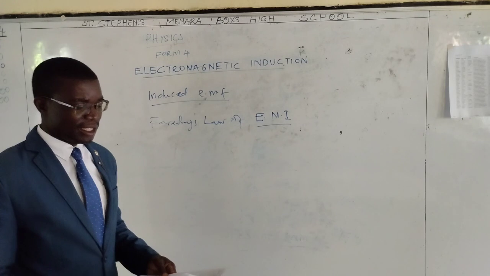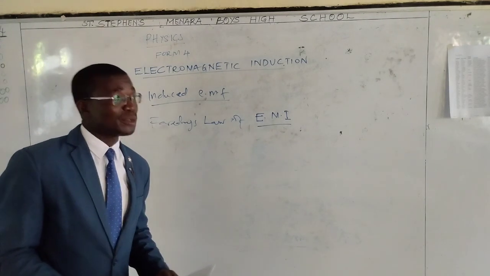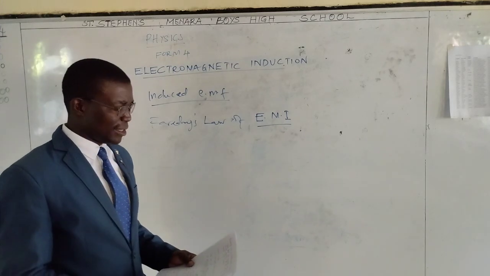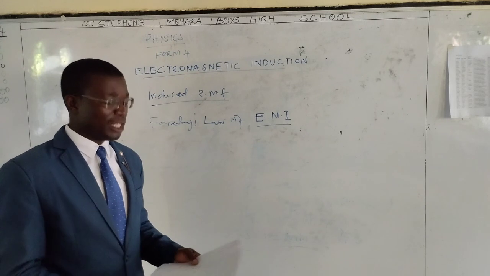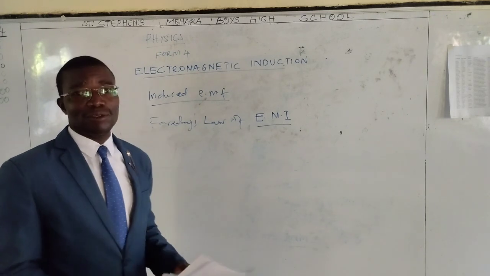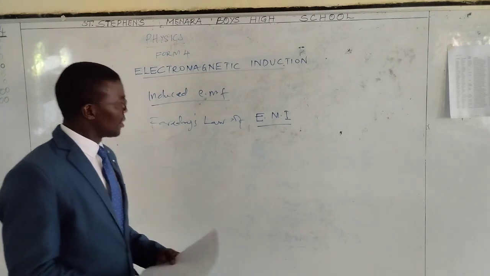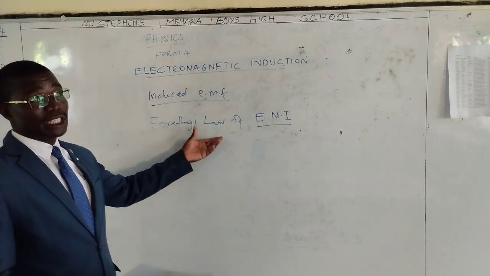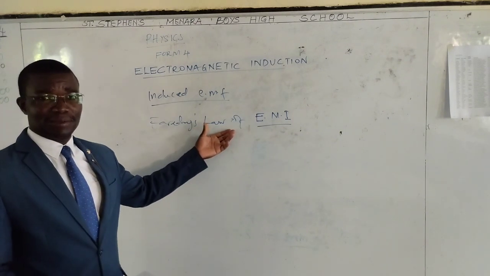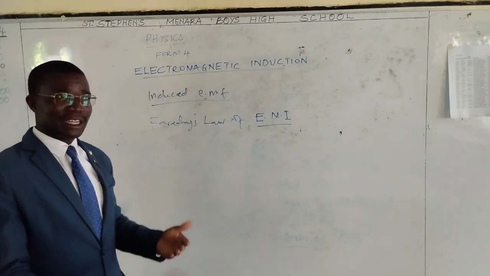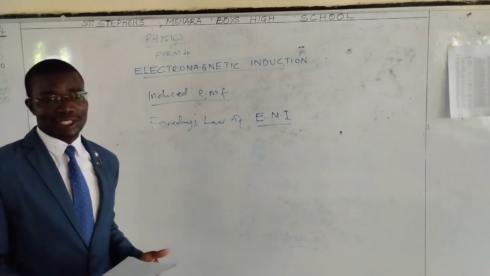This law comes from the factors that we talked about, especially the first one, which is the rate of change of flux linkage. So we say that this law is stipulating that the amount of induced EMF will be varying in proportion to the rate of change of flux linkage.